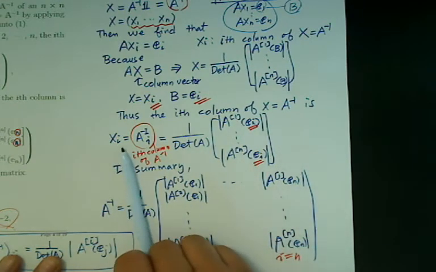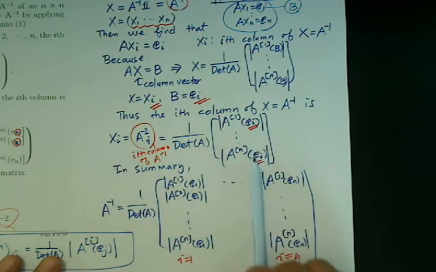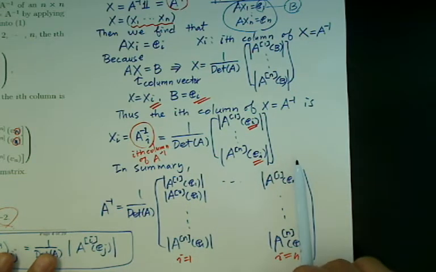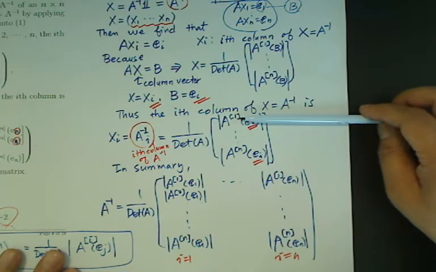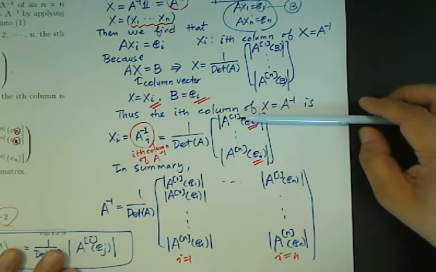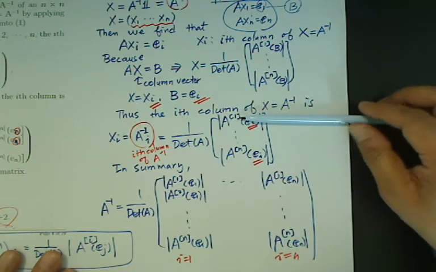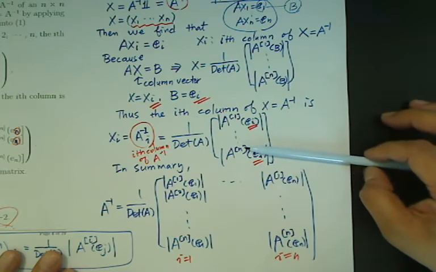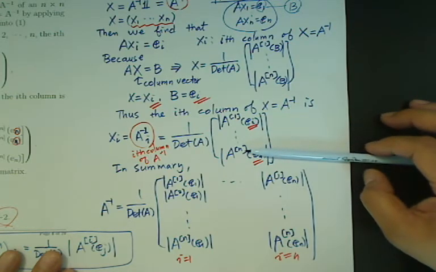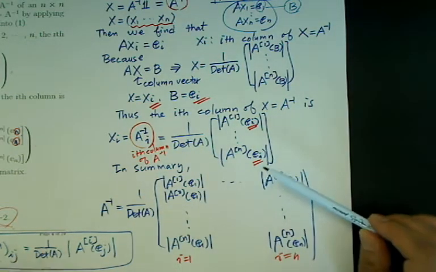This I is the first column, that means I is 1. This I is 1 and I is n. Alright? And this is the number of rows. This first row has the first column replacement. Nth row is nth column replacement. This is the final result.